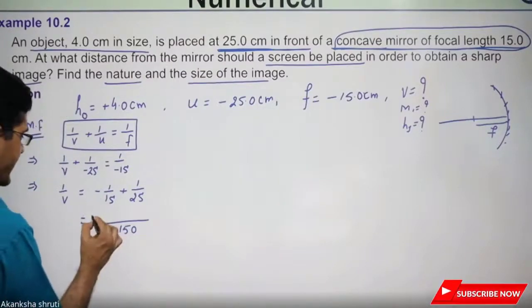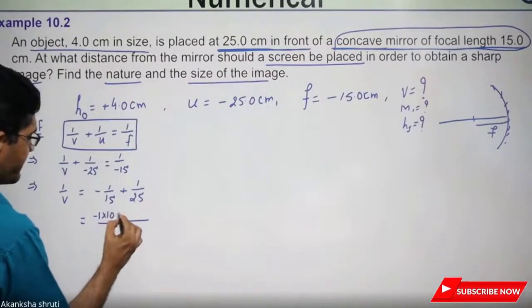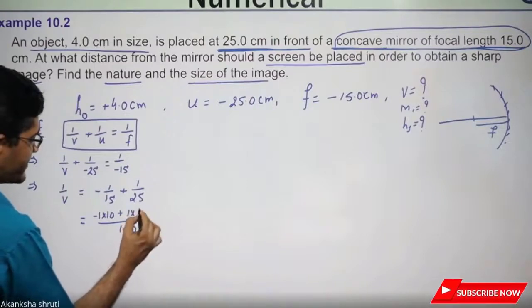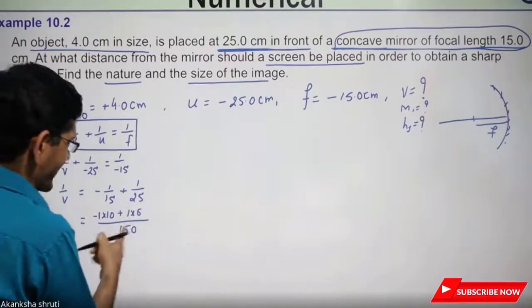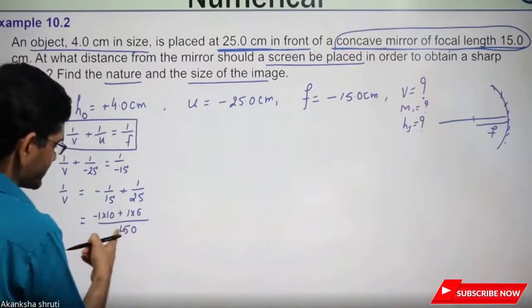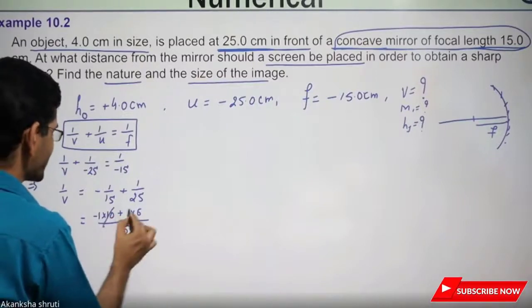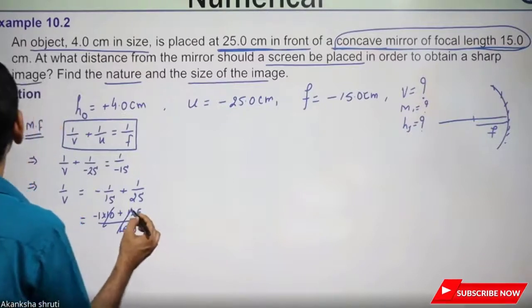First one is negative, so minus 1 is multiplied with 10, plus this one multiplied with 6. Or even 75 we can get; it is convenient as 150, but you may take 75 also if you wish.